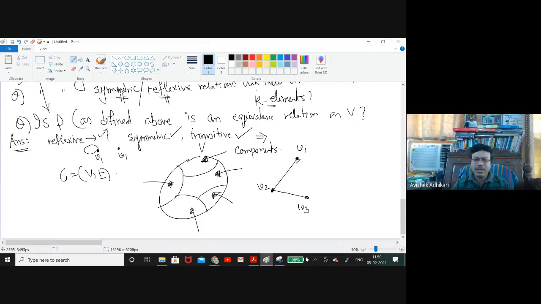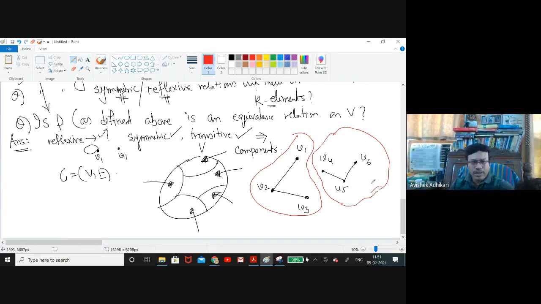So this is connected and is known as a component. But if along with this I have v4, v5 and v6, then it has two components. This is one component and this is another component.